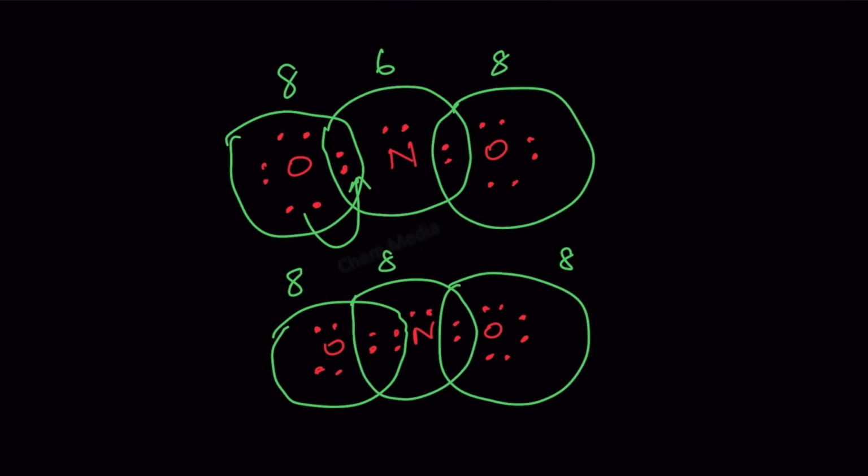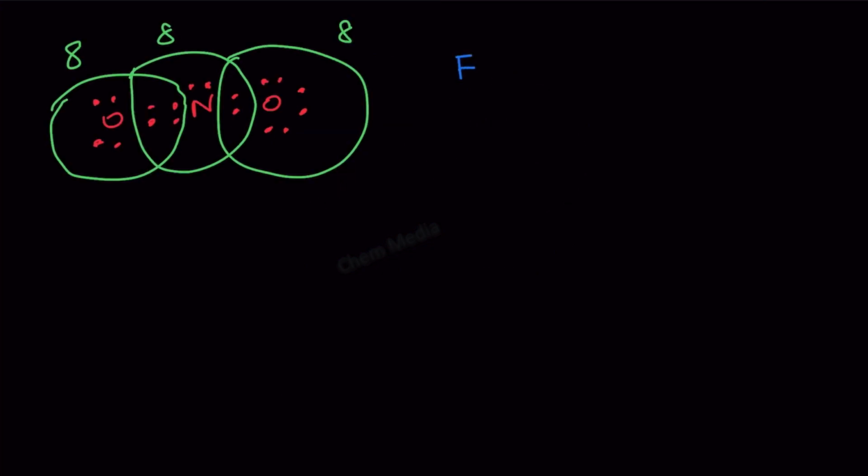Let us check the formal charge to determine whether this is the best Lewis structure or not. Formal charge is equal to total number of valence electrons in the atom minus total number of lone pair electrons in the molecule minus total number of bond pair electrons in the molecule divided by 2.